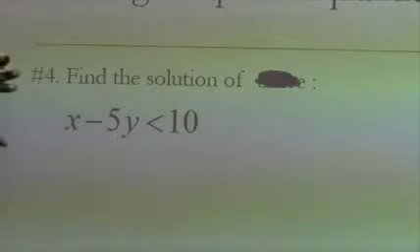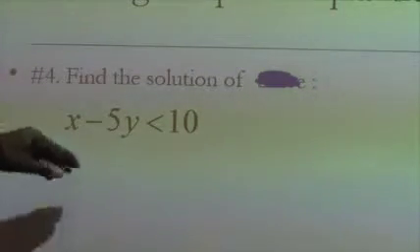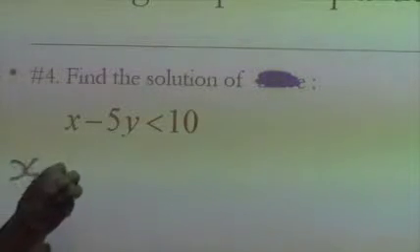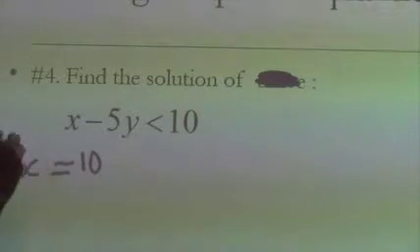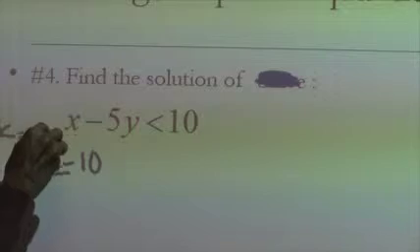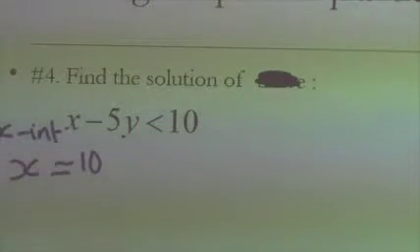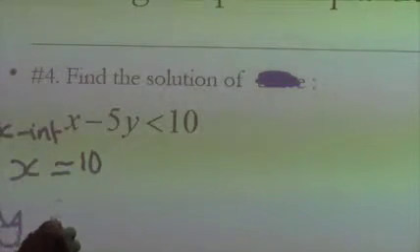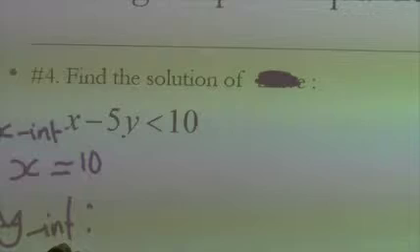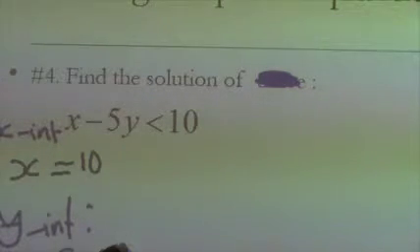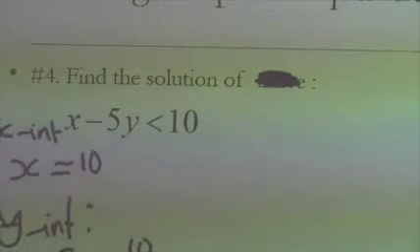When I want to find my x-intercept, I make my y 0. 5 times y is 0, so I could just cover this, and I have that x equals 10 would be my x-intercept. When I'm going to find my y-intercept, I'm making my x 0, so I'm left with negative 5y equals 10. When I divide by negative 5, I have y equals negative 2.